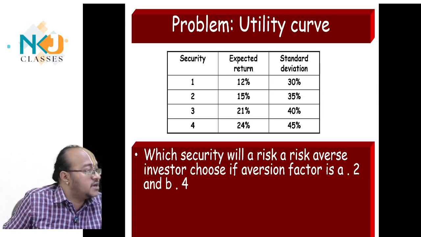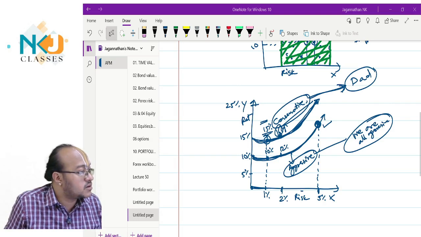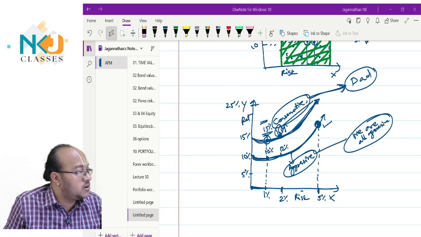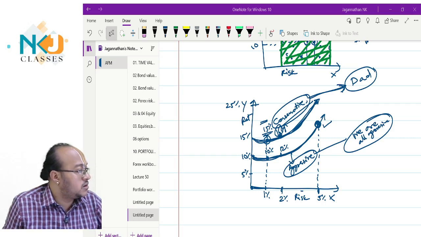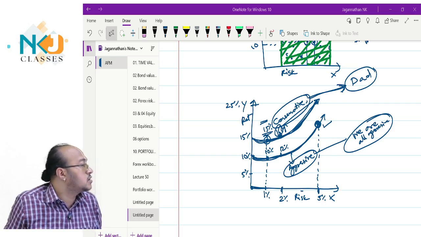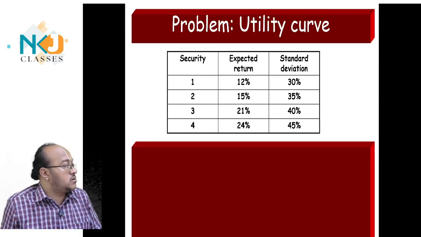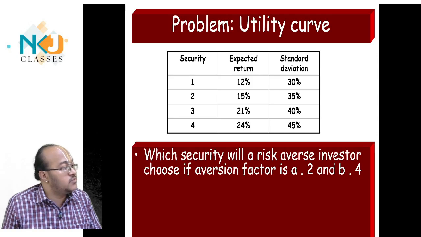See here, 1 second, I will edit now itself. Correct? Which security will a risk averse investor choose? Yes, if aversion factor is A=2, A=4.